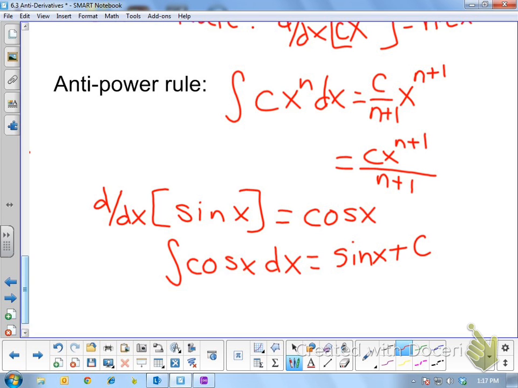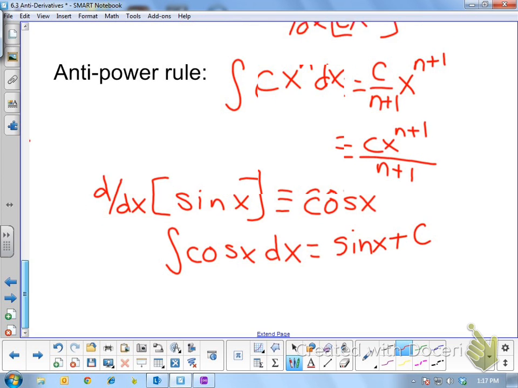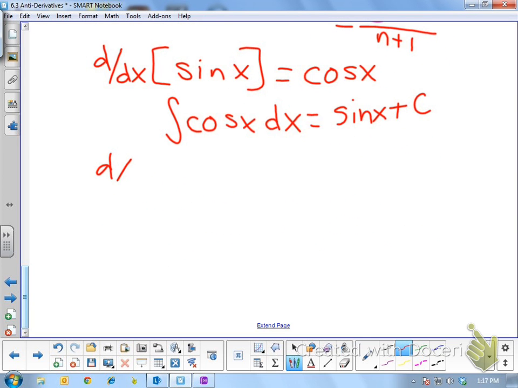So any trig derivative we know, we can do the opposite. I could find the integral of sine. The derivative of cosine is negative sine, so what would the integral of sine be if we're going backwards? Let's write it out so we don't have to visualize it.